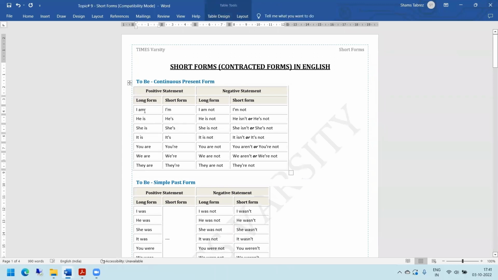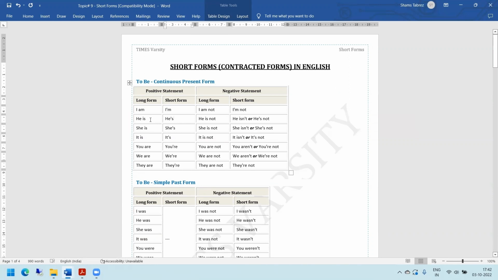So this is the long form, and the short form of I am is I'm. And if we make a negative statement, like I am not doing, instead of am not you can say I'm not. This is the short form.